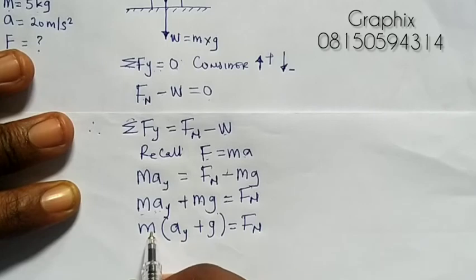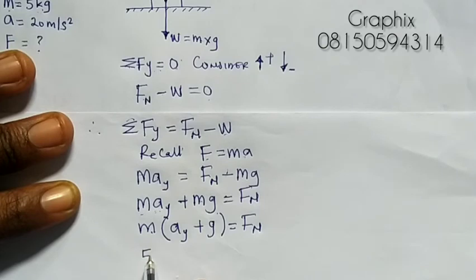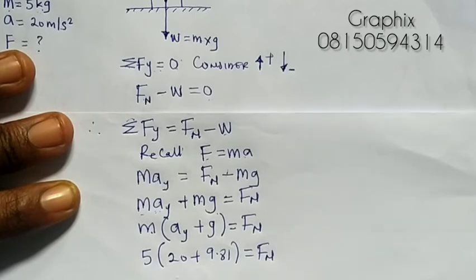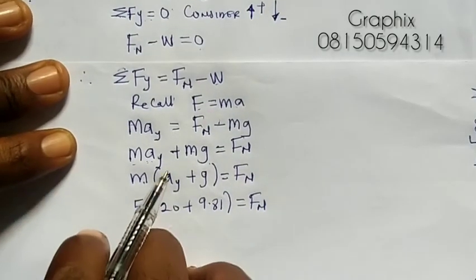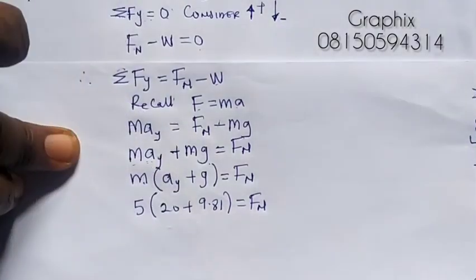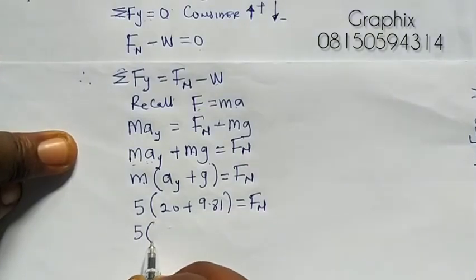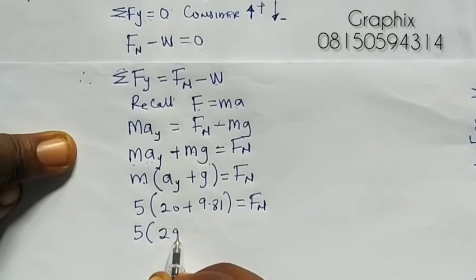So the mass is given as what? 5 kg, which is 5 into bracket, acceleration is given as 20, and gravity is given as 9.81. So will give us what? Our force. First of all, you add 20 plus 9.81, you have 5 into bracket 29.81 equals to what?